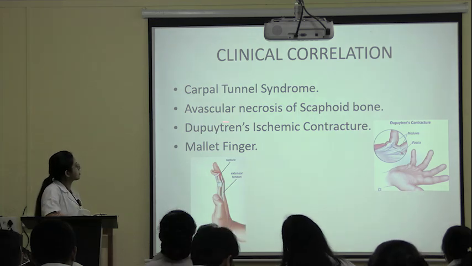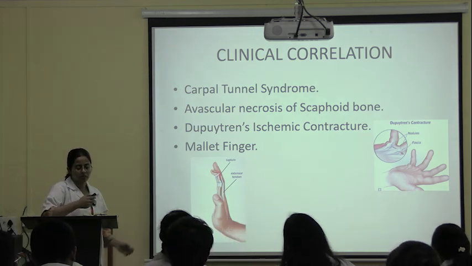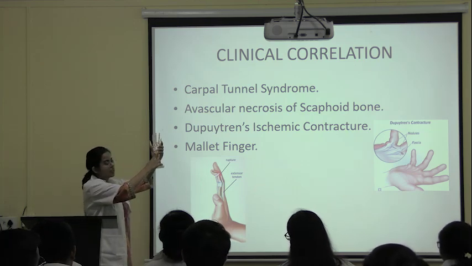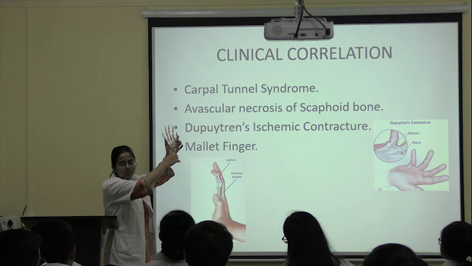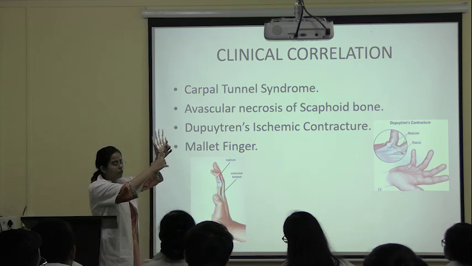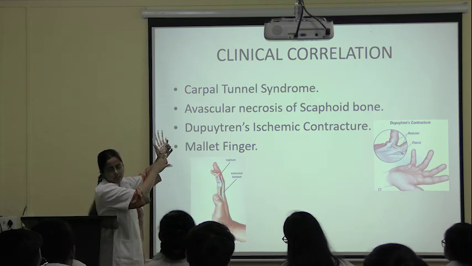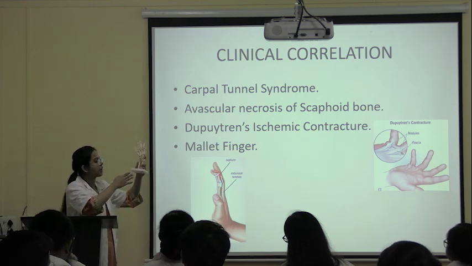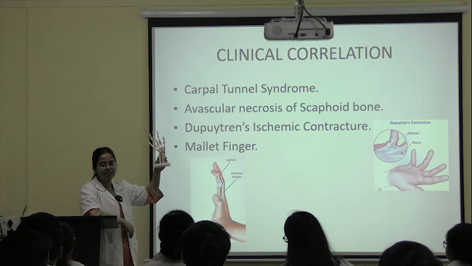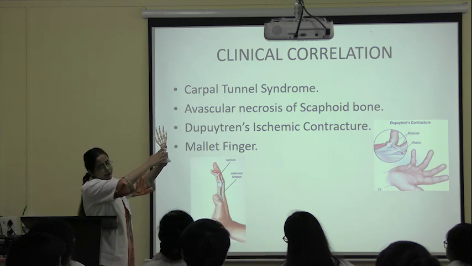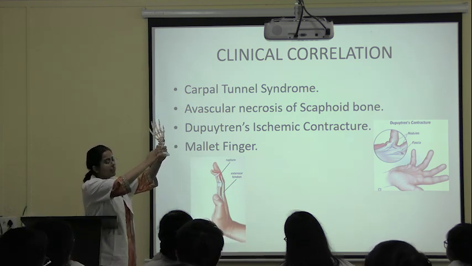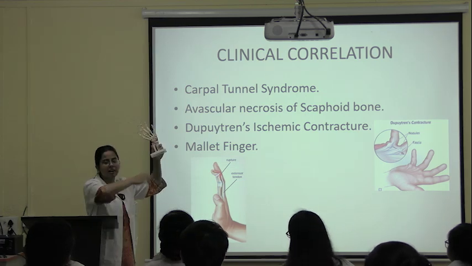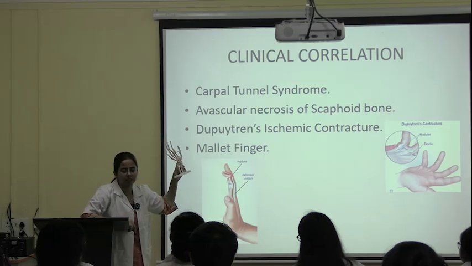So, avascular necrosis of the scaphoid bone. Now, I will tell you. This is the scaphoid. This is the waist of the scaphoid. This is the distal part and this is the proximal part. How is the blood supply of the scaphoid? The blood vessels run from the distal part to the proximal part, so obviously the proximal part has a little less blood supply.